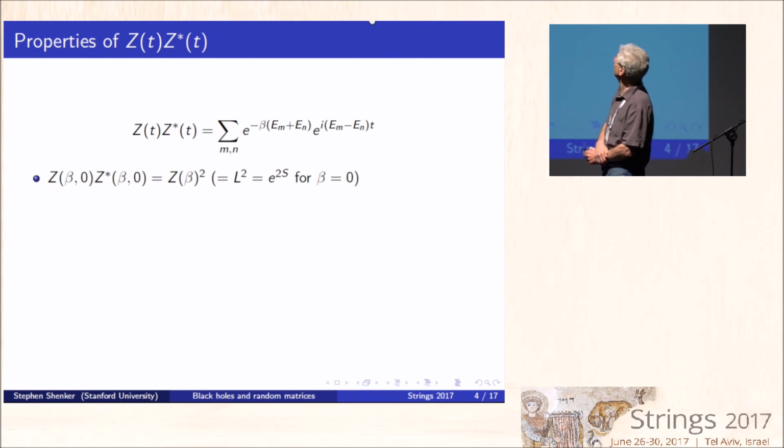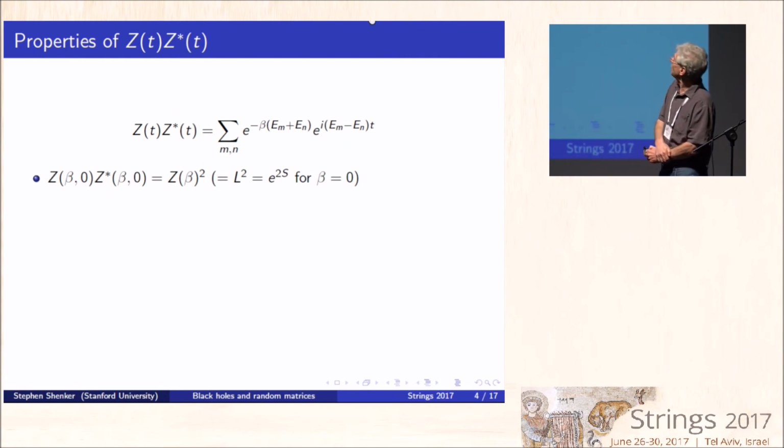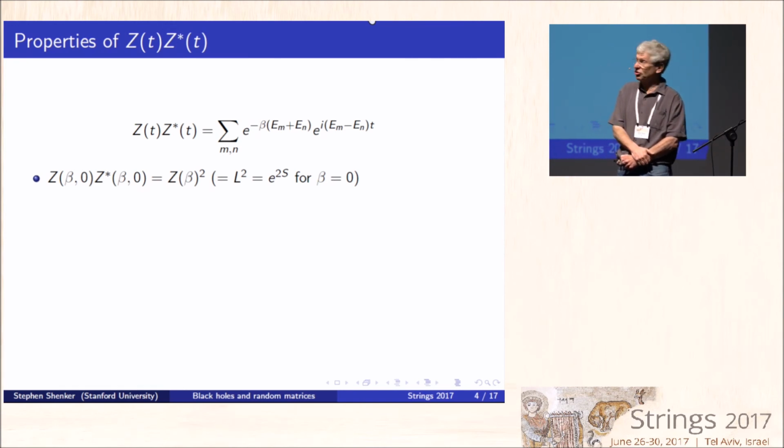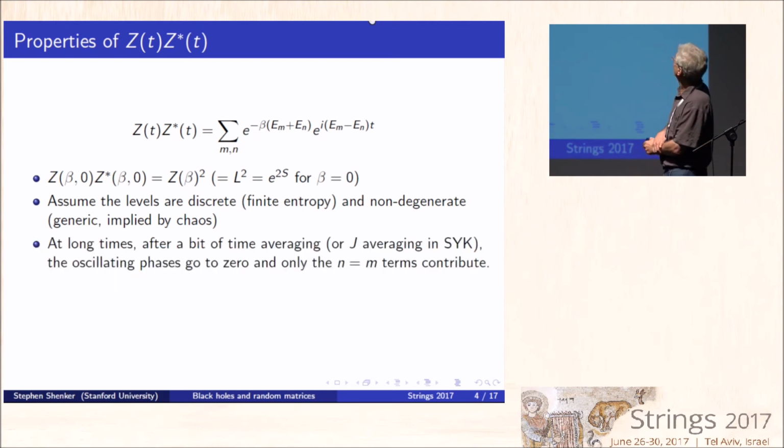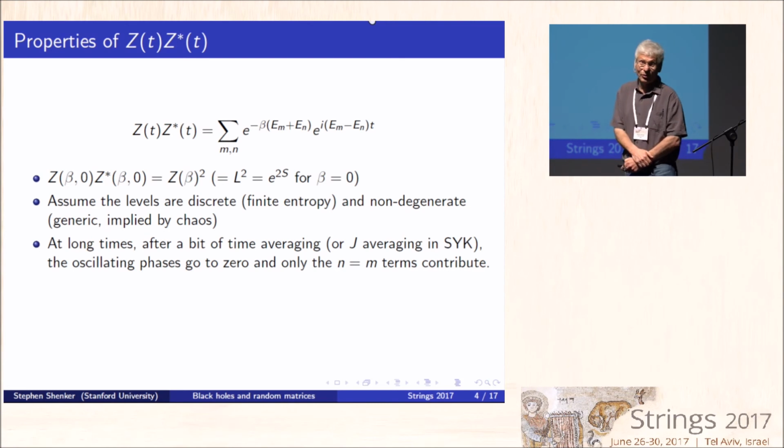Here are some properties that we'll need. At time 0, this is just the square of a partition function. If we work at infinite temperature, beta equals 0, and we have a system with a finite number of states, L, then this is just L squared, which is e to the 2S. If we assume the levels are discrete, which you expect with finite entropy, and non-degenerate, then at long times these phases cancel out if you do a little bit of time averaging, or J averaging in SYK.